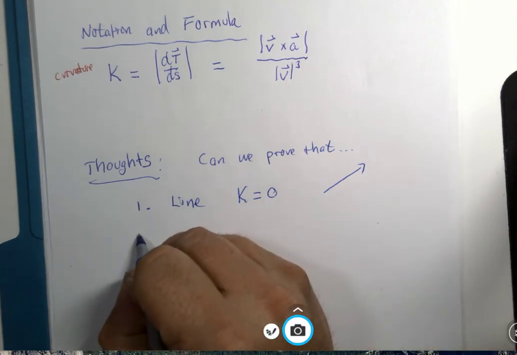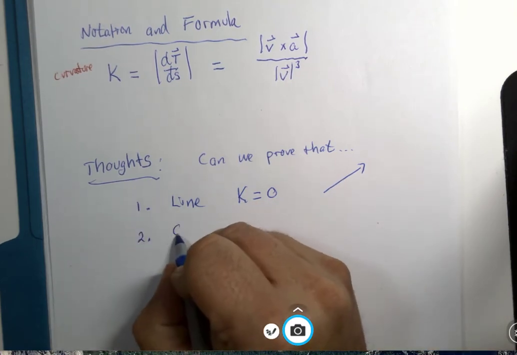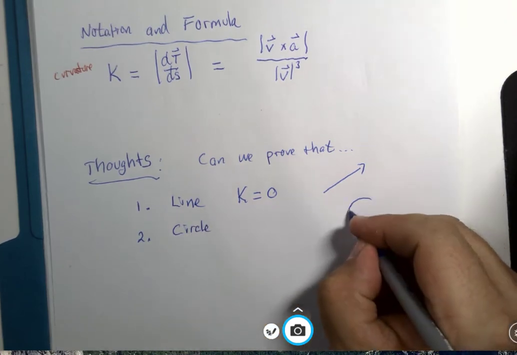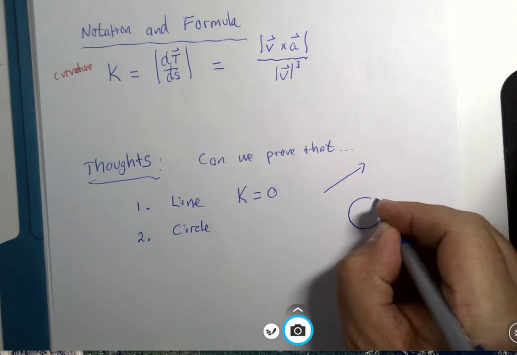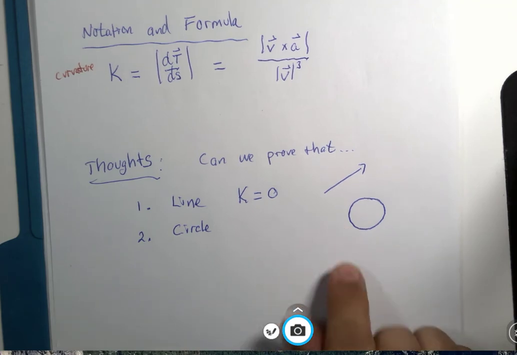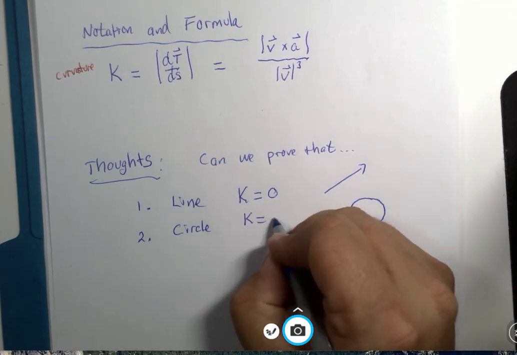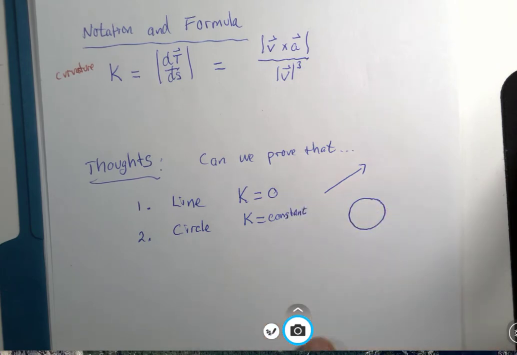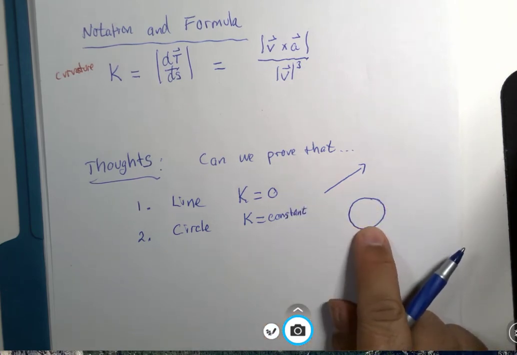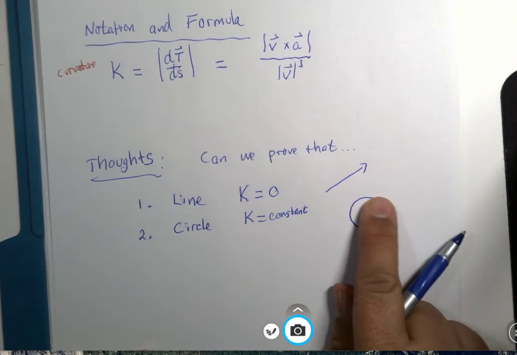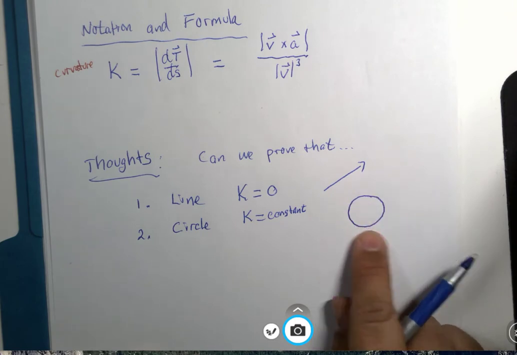And then second, for a circle, the claim I'm going to make is that the curvature is constant. It's always the same. If you were driving a bicycle, you just turn your wheel and keep turning left, and it's the same circle the whole time.